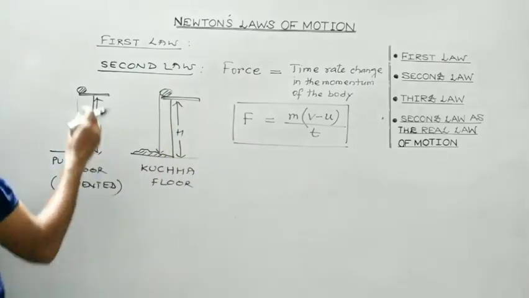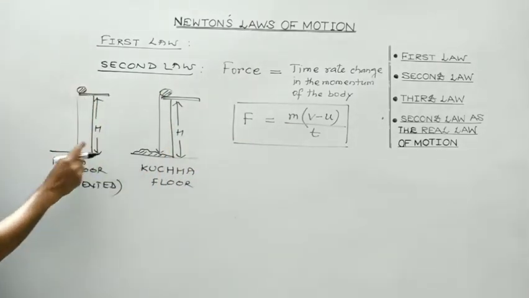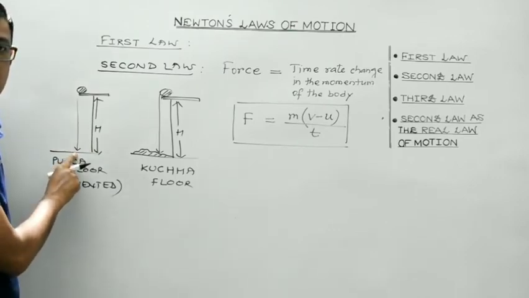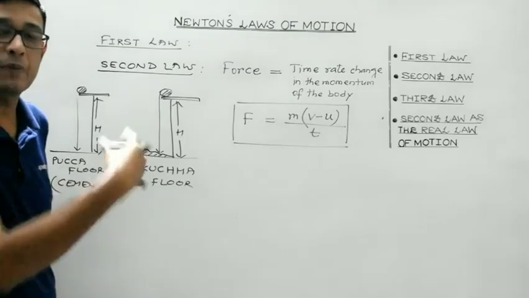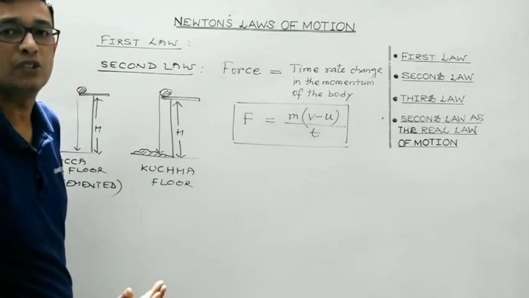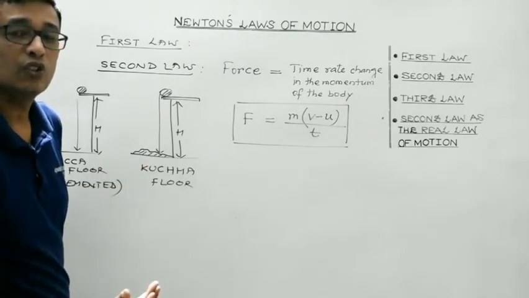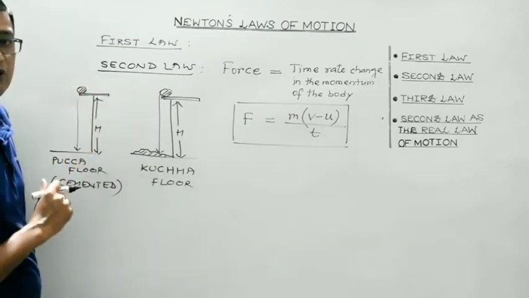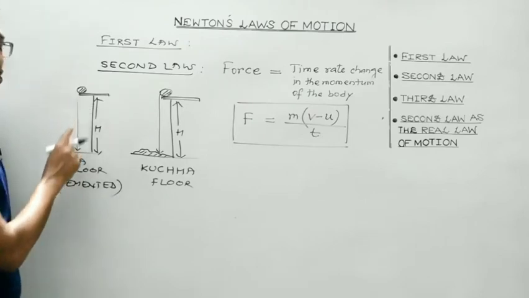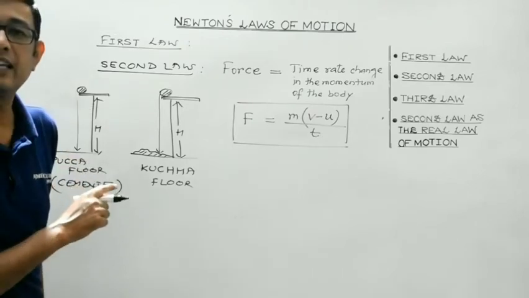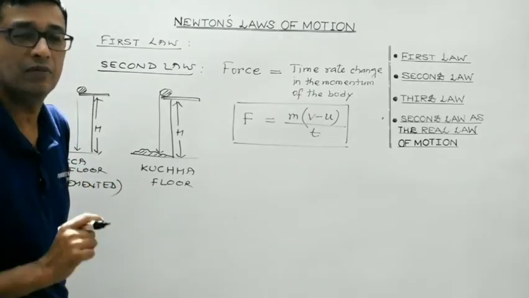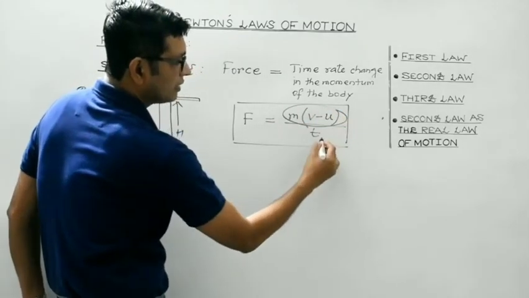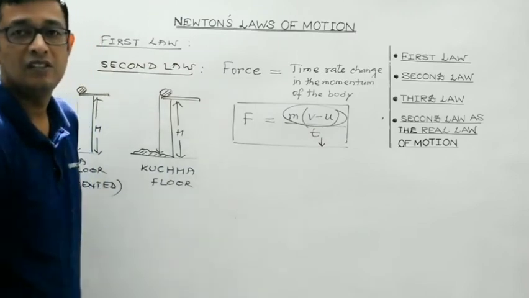Now look, as the person falls, on hitting the ground the velocity of the person will abruptly become zero from some finite value, isn't it? So in this case, the change in momentum is taking place in very, very little time. Right?